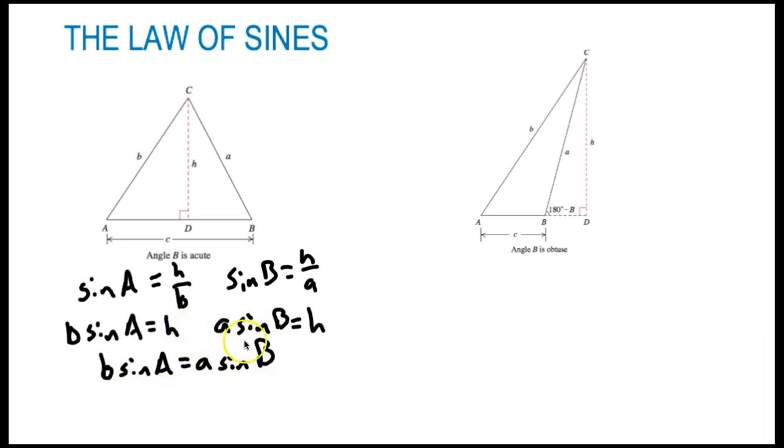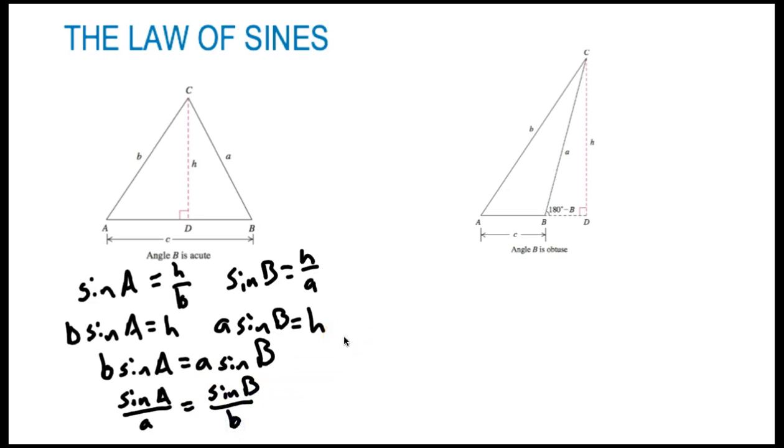Now, more generally, we'll see it written like this. If I divide this lowercase b over to the right side, and I divide this A over to the left side, we'll end up with this. Sine of angle A over side a equals sine of angle B over side b.